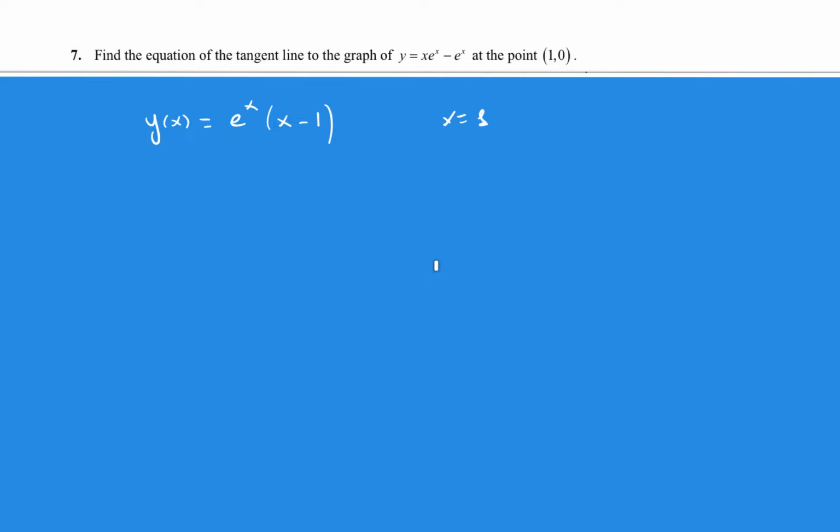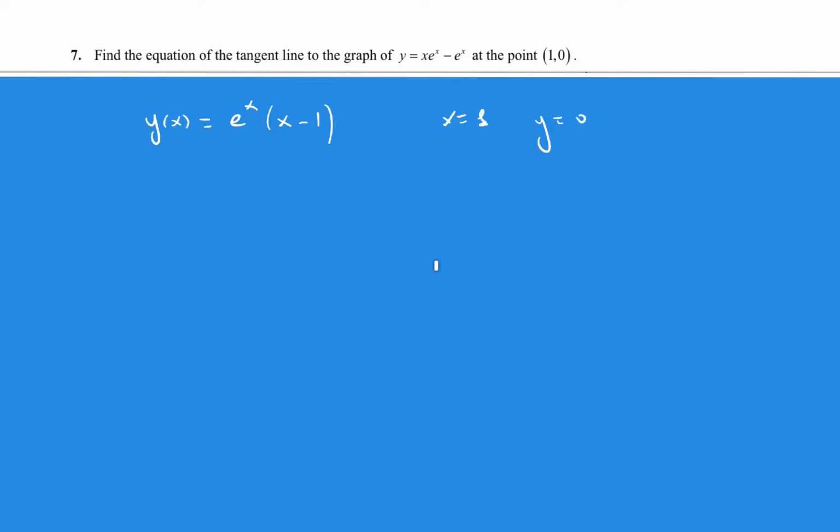It says that at the point x equal 1, y equals 0. Is y equal 0 when x equal 1? Let's check. When x equal 1, e to the 1, and 1 minus 1 is 0, 0 by e to the 1 is 0. So I don't need this information that y equals 0. I want to find the slope at x equal 1.